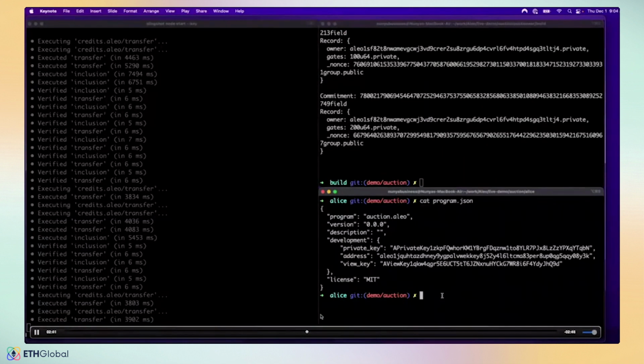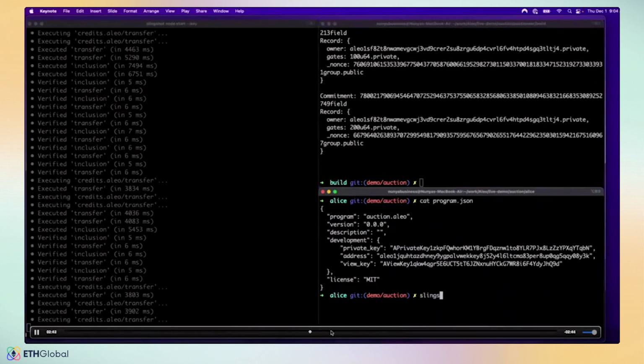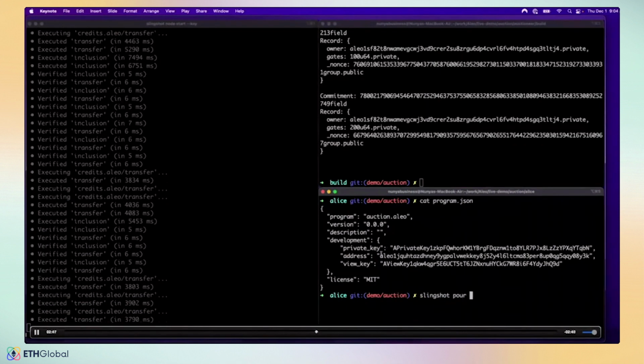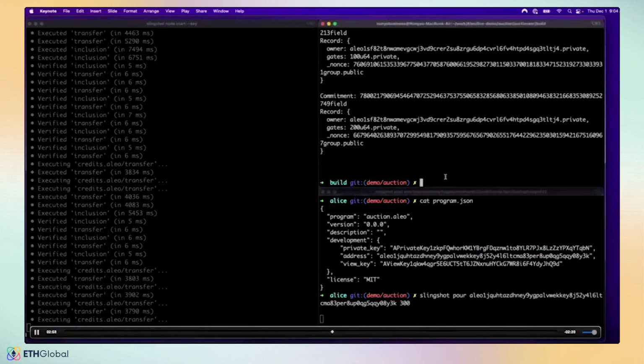So what we'll do here is, right now what we did was for the auctioneer, which is the top right, we have poured some amount of records for the auctioneer. We're also now going to pour some credits for Alice, who is going to try to make a bid.